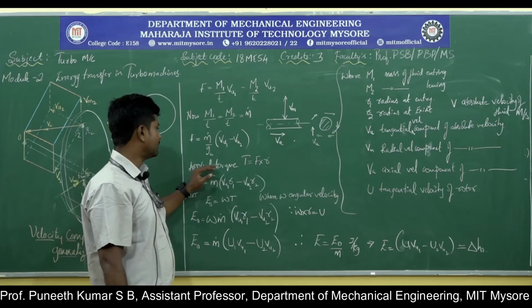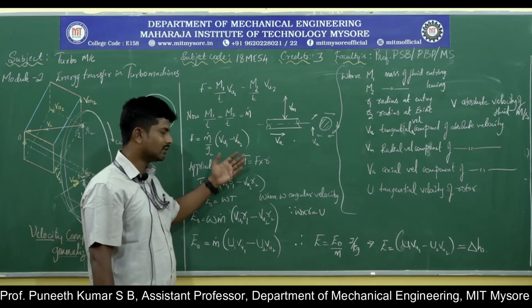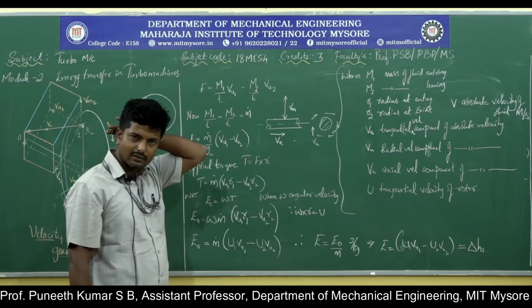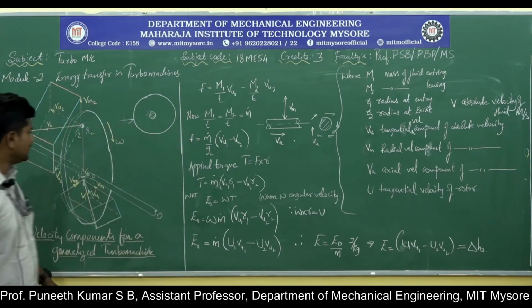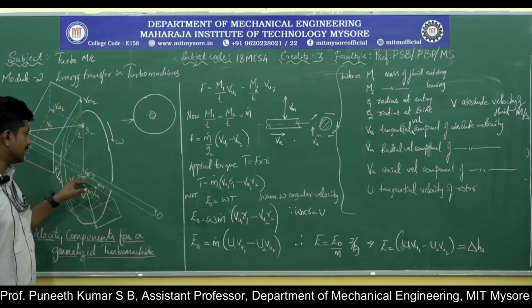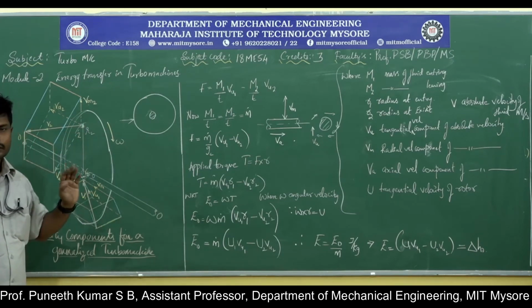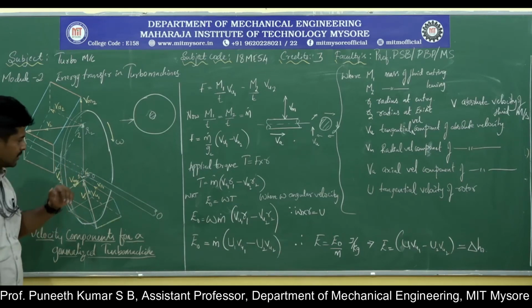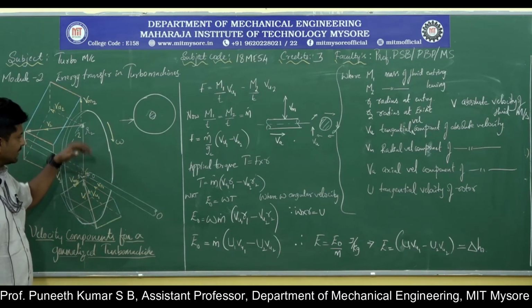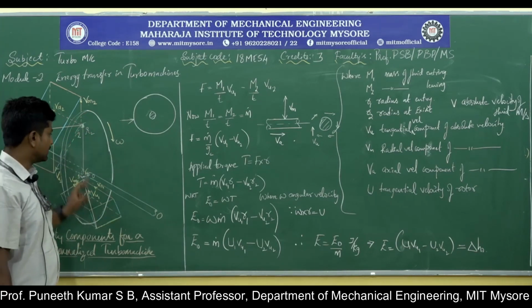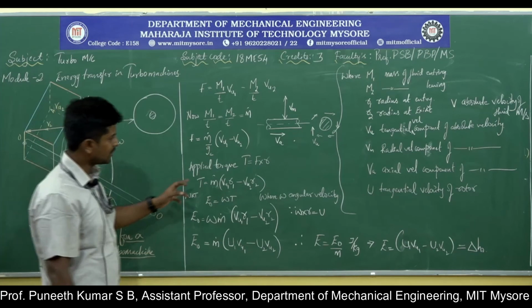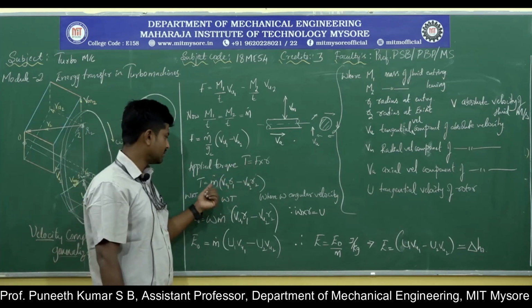Next, applied torque. We know the definition of torque: it is force into radius. We are applying the force at different radii, so the torque will also be different at inlet and at exit. So the net effective torque is got by force into radius.